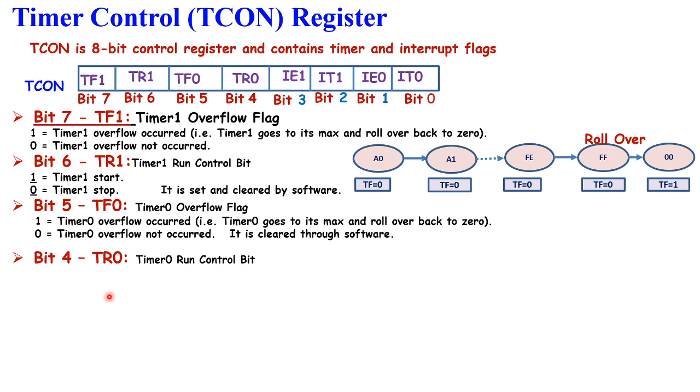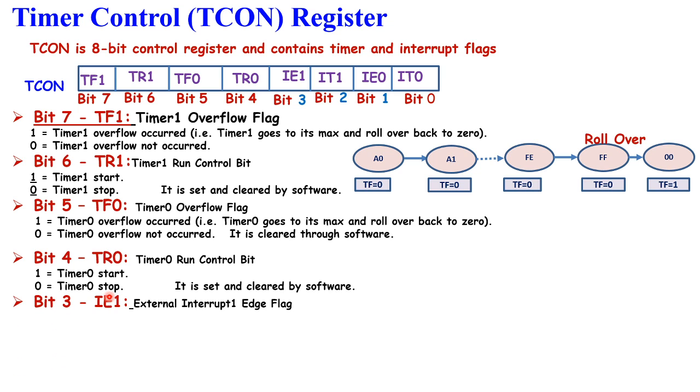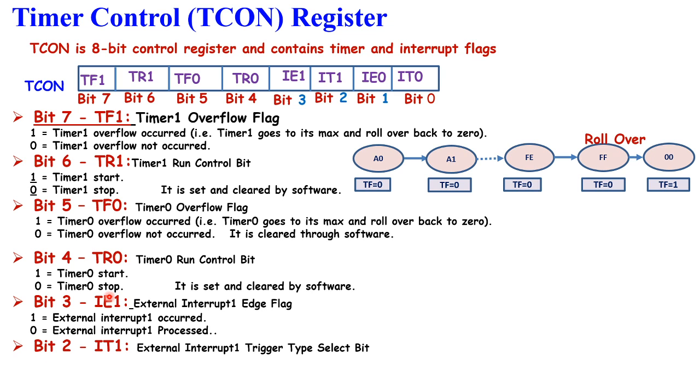Then the next bit TR0 is the timer 0 run control bit. When this bit is equal to 0, timer 0 stops, and when it is equal to 1, timer 0 starts.